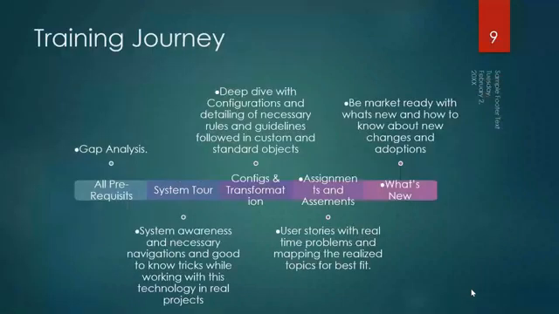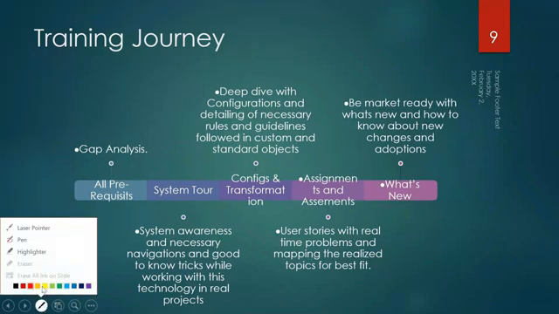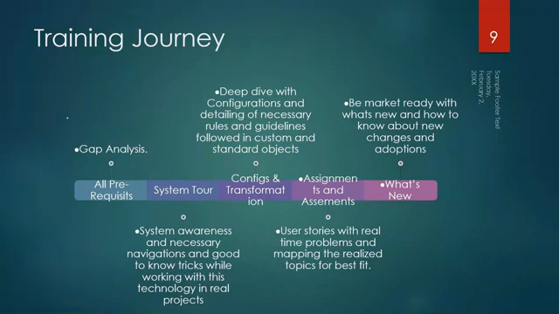so I will keep into a nutshell how our training journey is. As I mentioned, we will start with all the prerequisites, which we also refer to as gap analysis. In the context of gap analysis, we will speak about a few important terminologies, or what are the different architectural changes they have brought when we compare with the older SAP systems which are available to us.